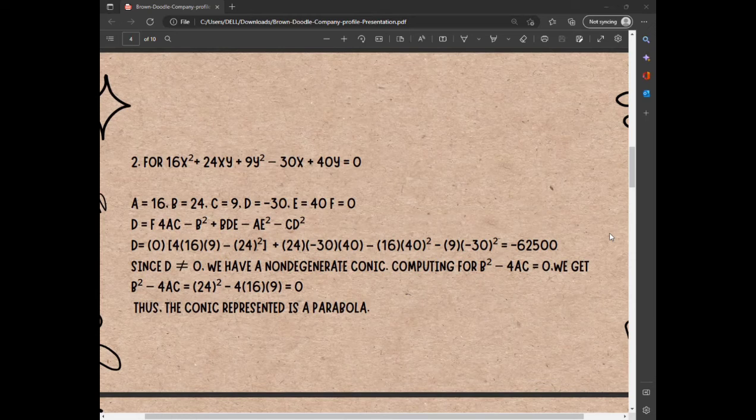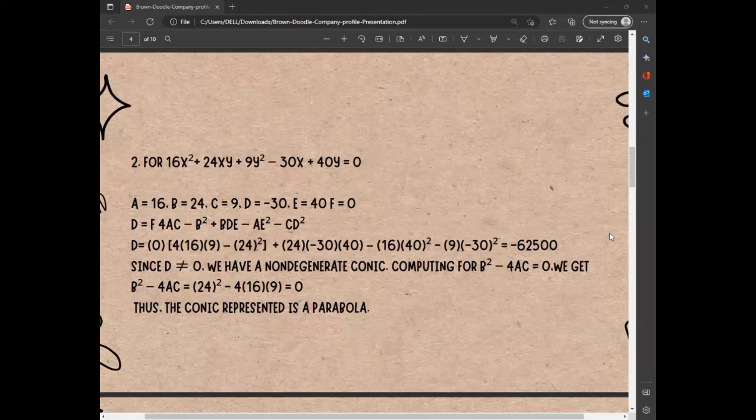Substitution right away. D is equal to 0 times 4 times 16 times 9 minus 24 squared plus 24 times negative 30 times 40 minus 16 times 40 squared minus 9 times negative 30 squared, which is equal to negative 62,500. Since D is not equal to 0, we have a non-degenerate conic.